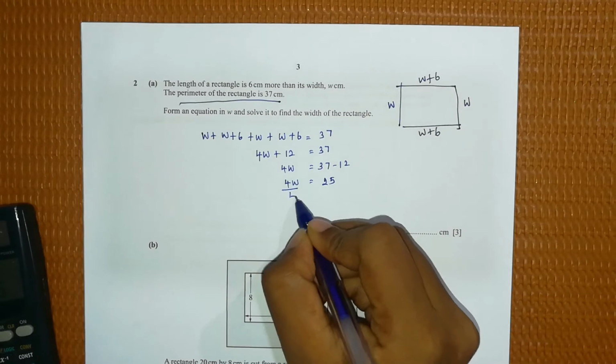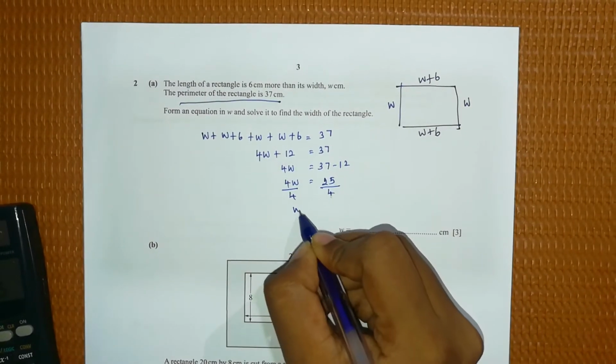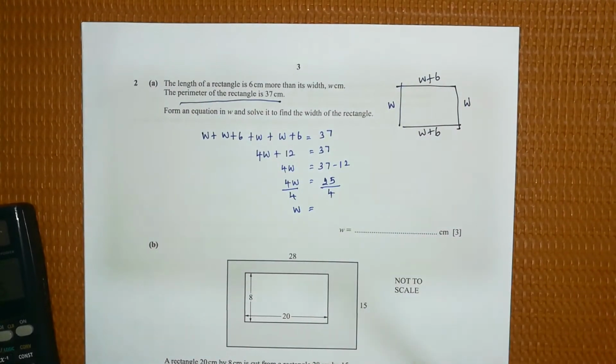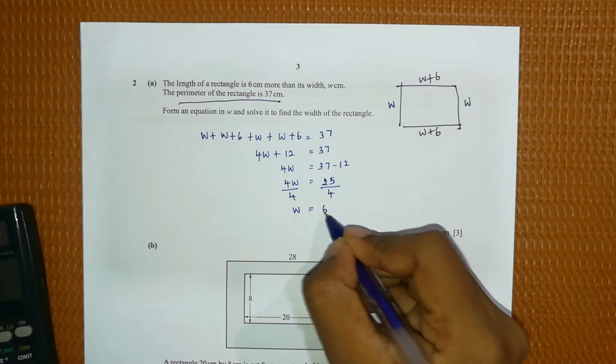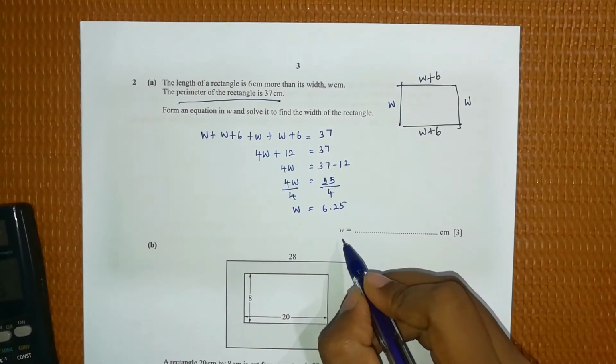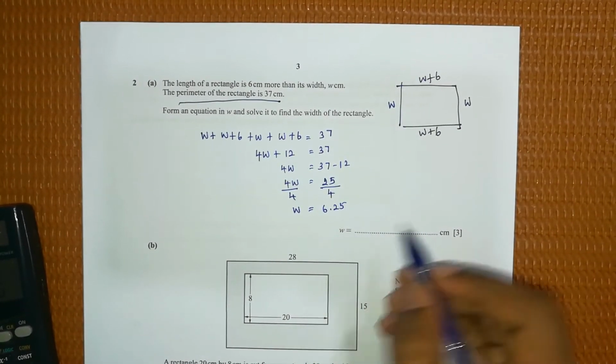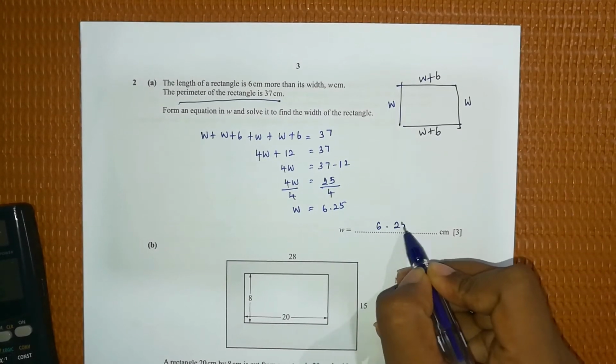Then we have to divide both sides by 4. W is 6.25. So they ask the value of the W. So it is 6.25.